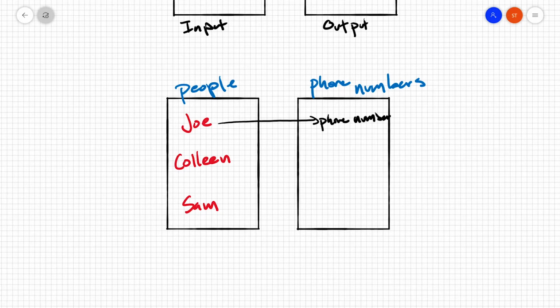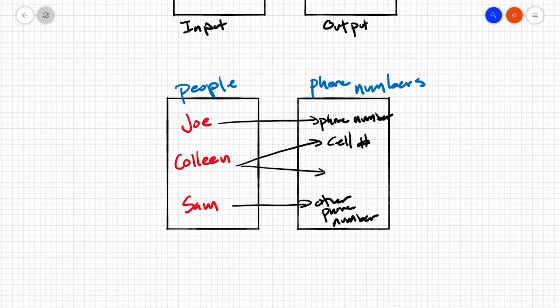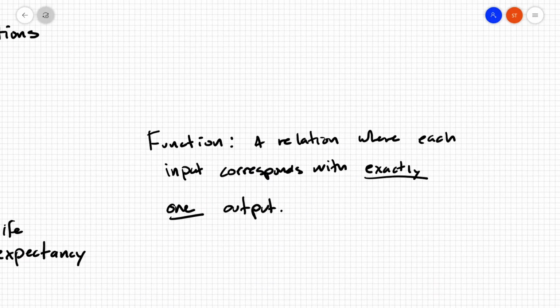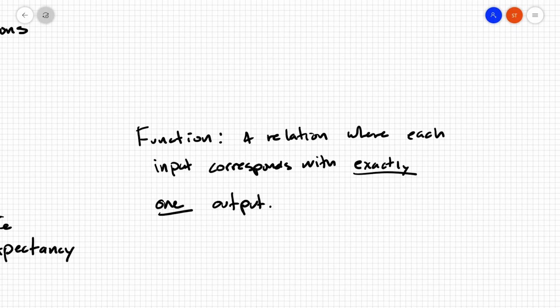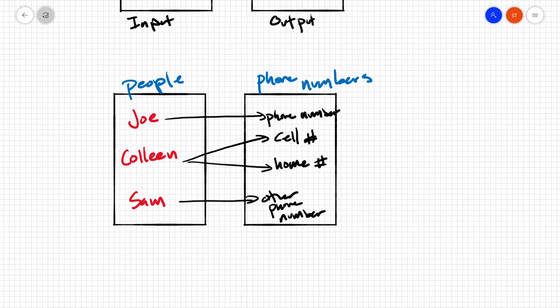Maybe Sam has some other phone number. But Colleen has a cell number and a landline, a home number. Doesn't break any laws of physics. It's okay for Colleen to have two phone numbers, but does it break the rule for being a function? Yeah, because each input has to have exactly one output, and Colleen points at two different things.